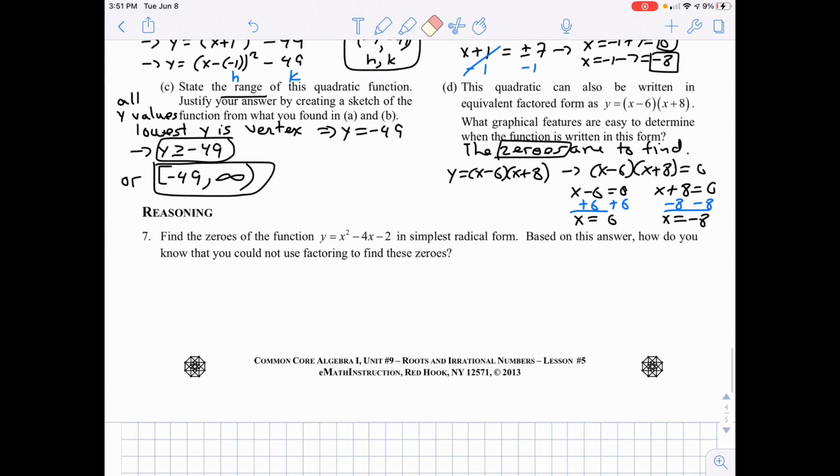Number 7. Find the zeros of the function y is equal to x squared minus 4x minus 2 in simplest radical form. Based on this answer, how do you know that you could not use factoring to find these zeros? Okay, so let's complete the square on this.